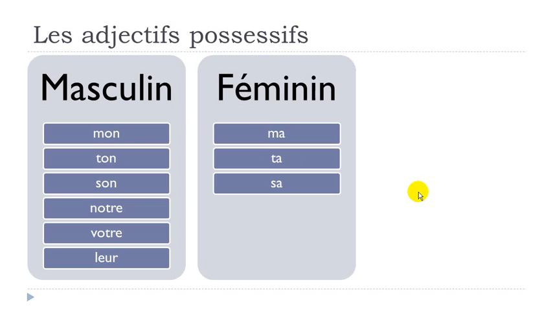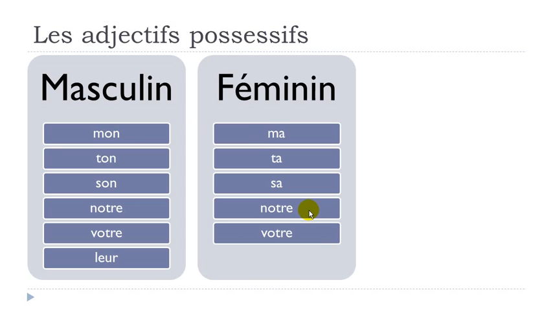And the good news is that notre is the same, votre is the same, and leur is the same. So you don't really have a difference between these three persons. You will have to use the same adjective possessive. The only difference is there: mon, ton, son, ma, ta, sa.